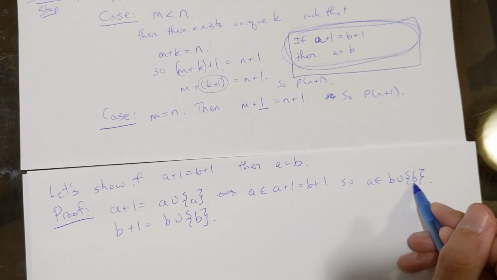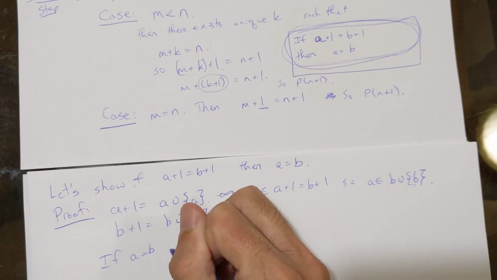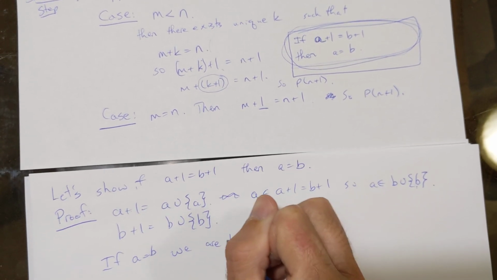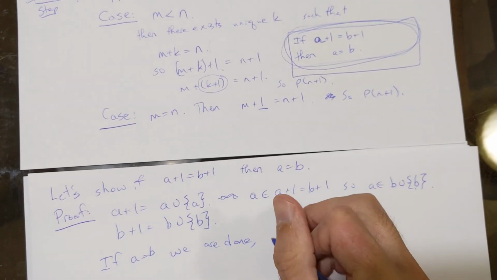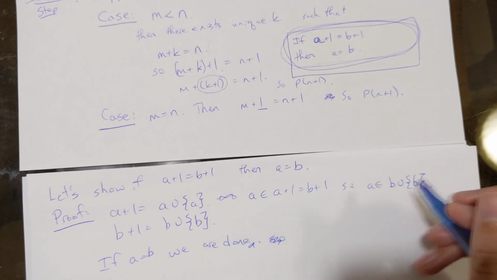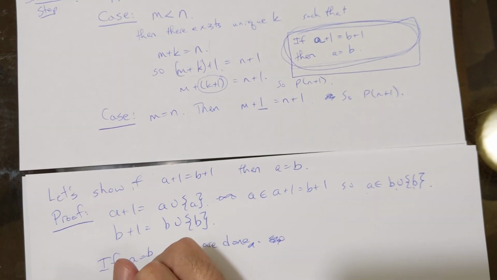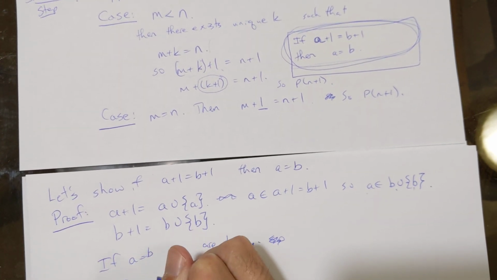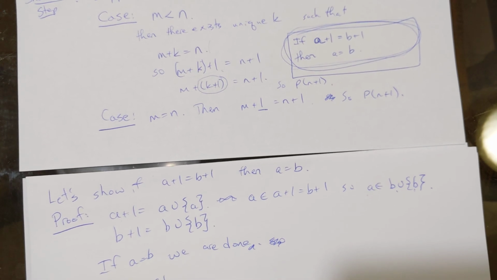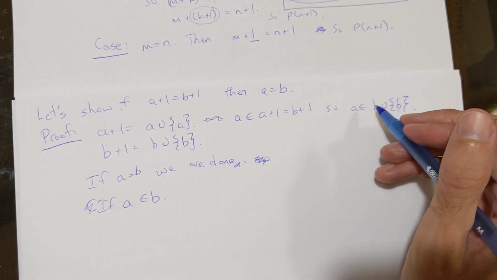Either a equals b, you're done. So the other case is that a is in b. What happens then? a is an element of b.